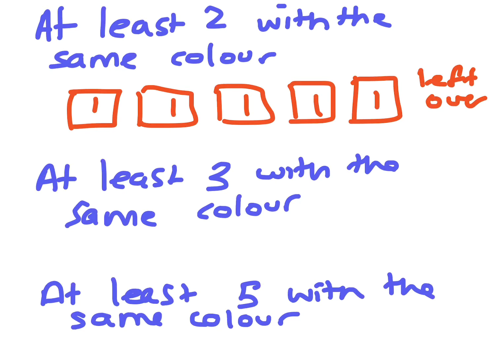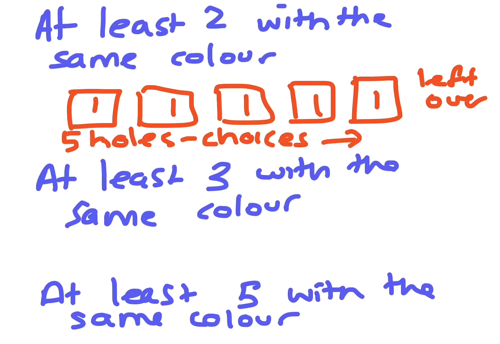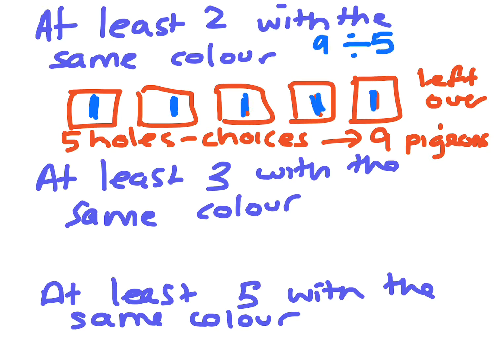So for example, even if we had 5 holes, so 5 choices, and then we have 9 pigeons. That means that the least amount would be 1. If you want to have at least 2 of the same colour, that means if you did 9 divided by 5, you get 1, sorry, I can't do my maths there.